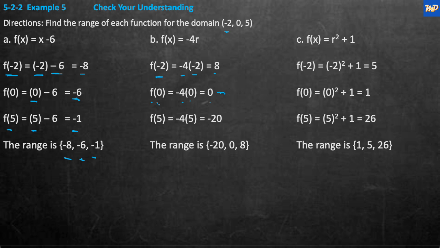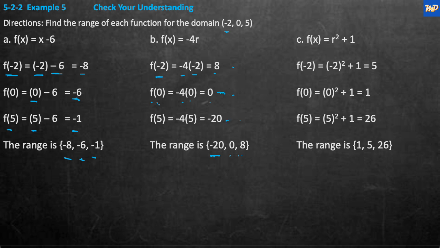But in this case, they're going to be out of order, right? Because the -20 is the least. We solved them as 8, 0, and -20, but from least to greatest, it's -20, 0, and 8. They've kind of changed positions. So it's -20, 0, and 8.